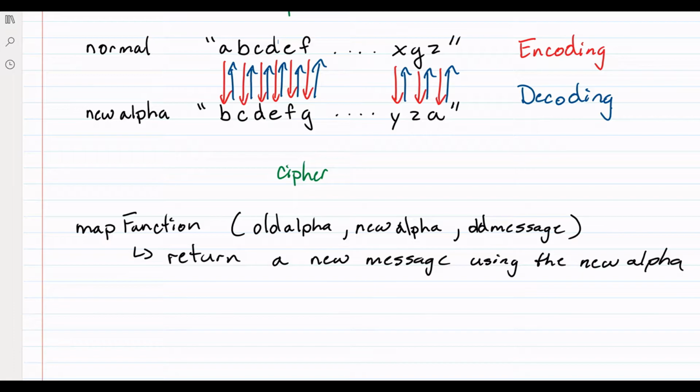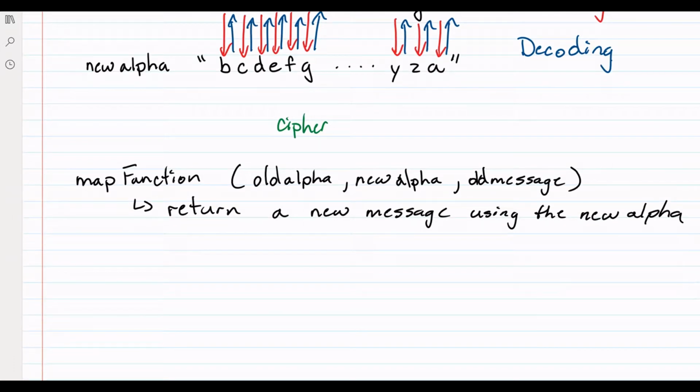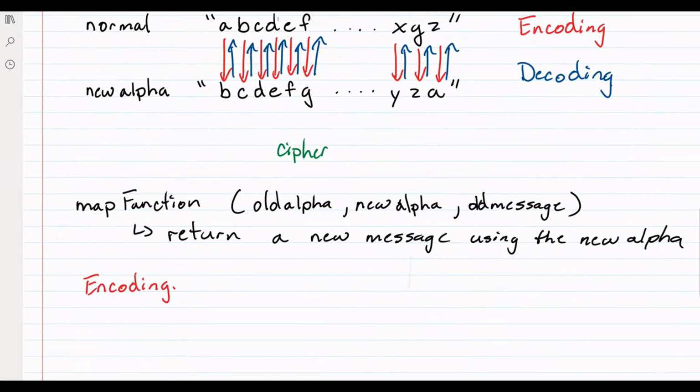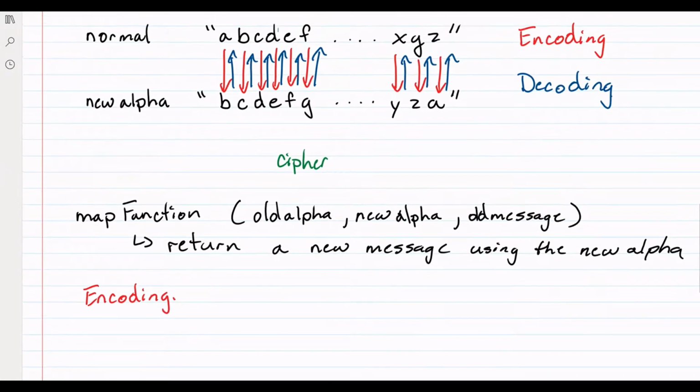Okay, so how this would work is if you're encoding, you would send in as the old alpha the normal alphabet, because you're starting with a plain text message. So your old message would be the plain text, your old alpha would be the normal alphabet, and your new alpha would be the shift.